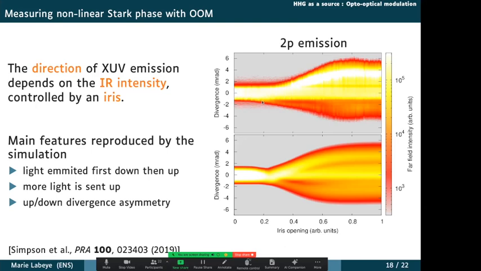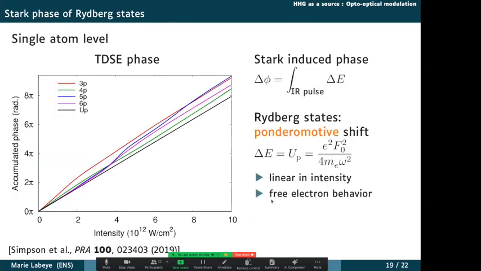Then first you have some light that goes a little bit down, and if you continue to increase the intensity, some light also goes up. This is something that could be reproduced with the simulation that I made, where I needed to solve both the time-dependent Schrödinger equation and also the Maxwell wave equation, of course, to get the propagation of the light correctly.